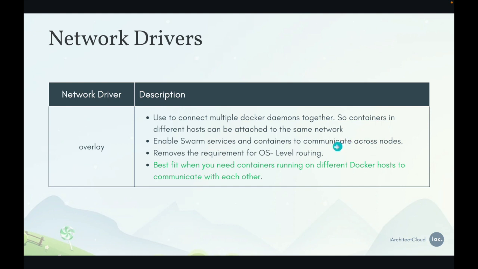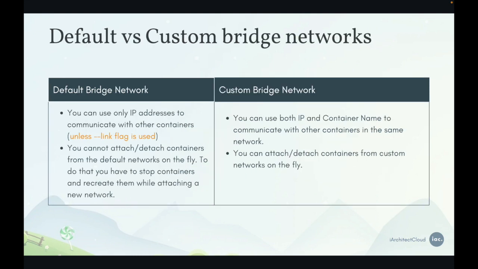This removes the requirement for operating system level routing. That is an advantage. If you want to communicate with containers running on a different host machine, you don't need to worry about the routing part. Docker will take care of that. This fits when you need containers running on different Docker hosts to communicate with each other.